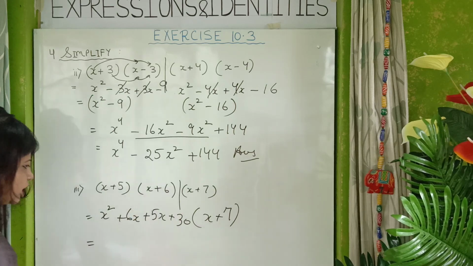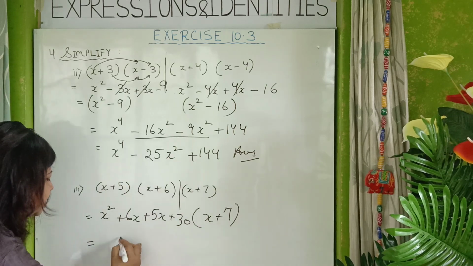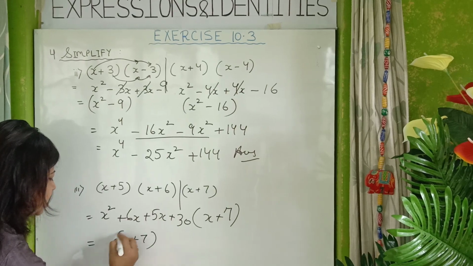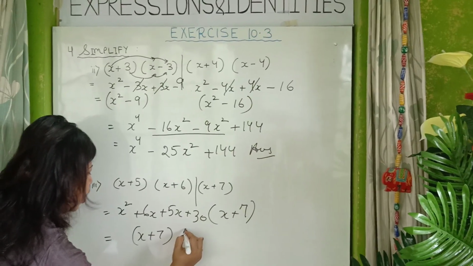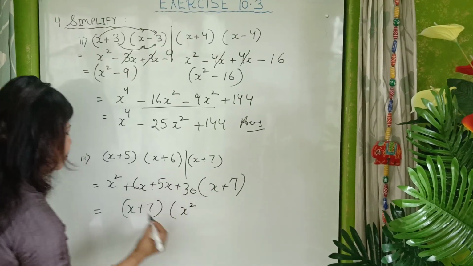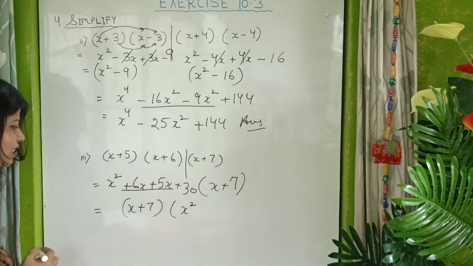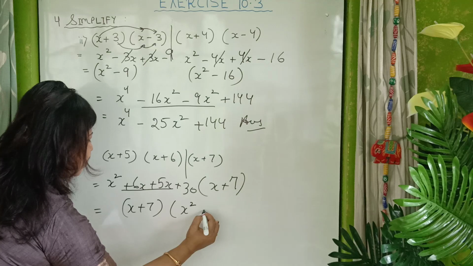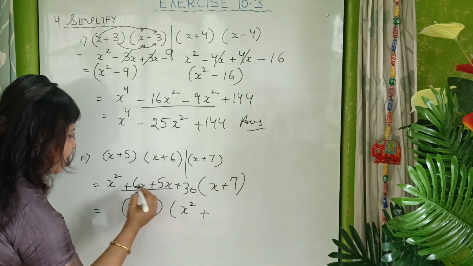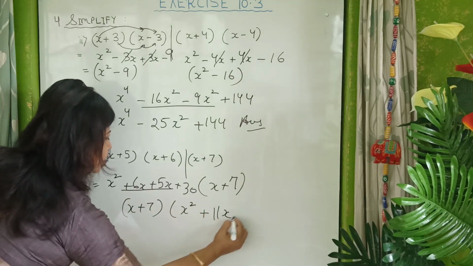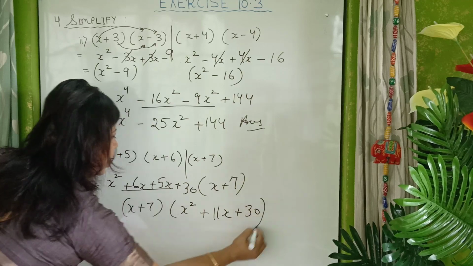We will multiply with x plus 7. To make it easier, first I write x plus 7. With x plus 7, we have to multiply x square. Now here you solve it. Plus 6x plus 5x. What we get? Plus 5 plus 5, 10 and 1, 11x plus 30.